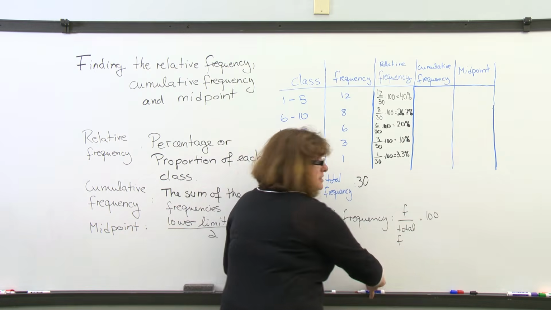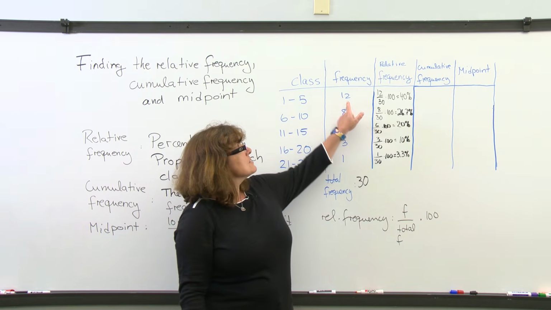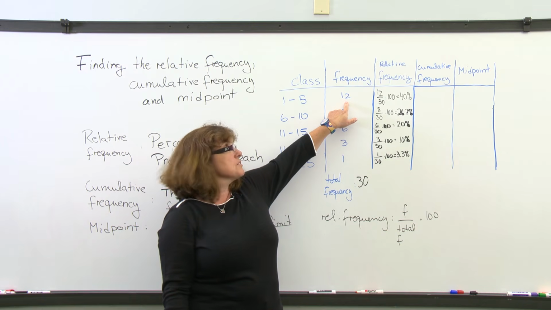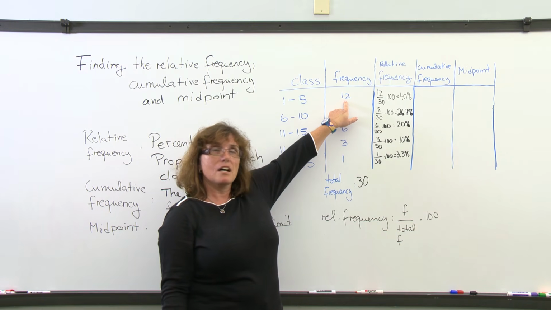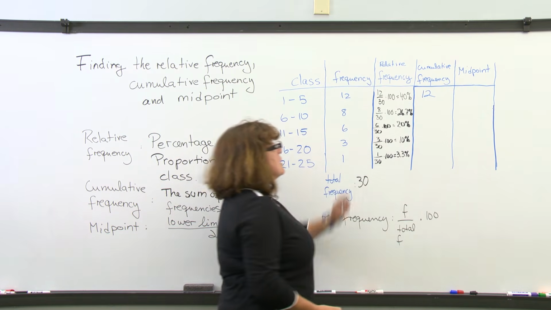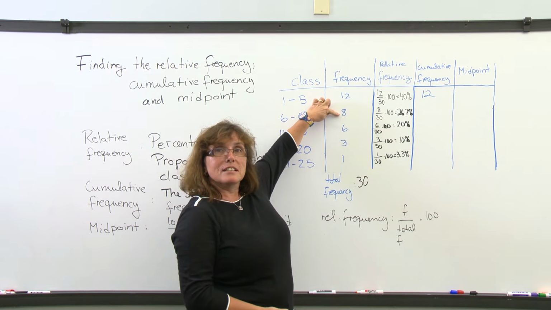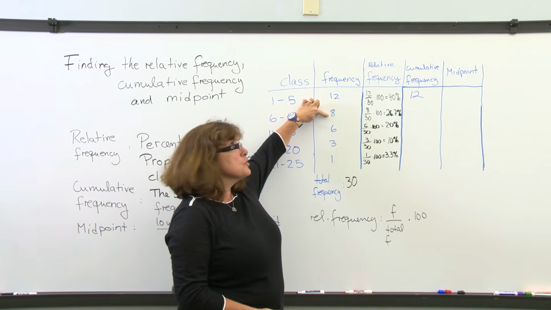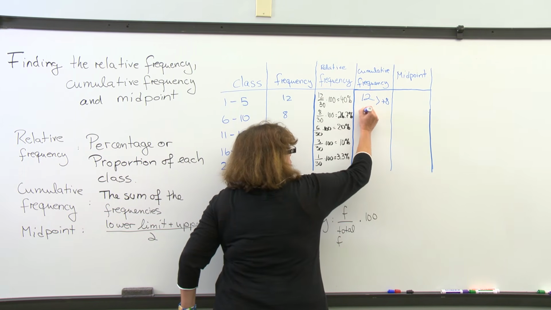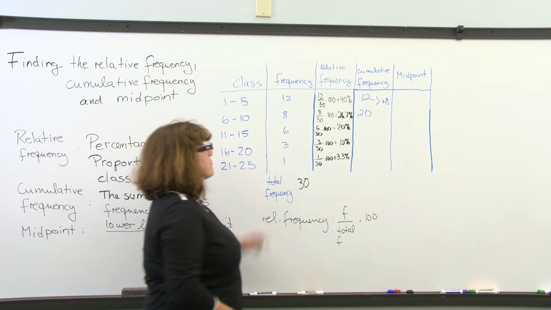For the cumulative frequency, we get started with the first frequency of the first class. So the first frequency of the first class here is 12, and that's why we write out 12 here. Now we're adding the next frequency to 12, 12 plus 8, which leaves us with 20.